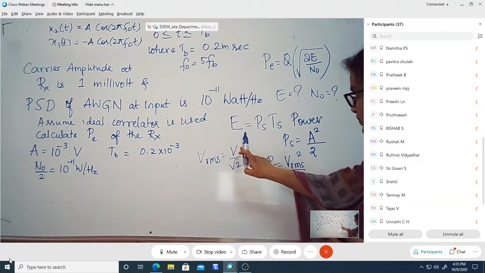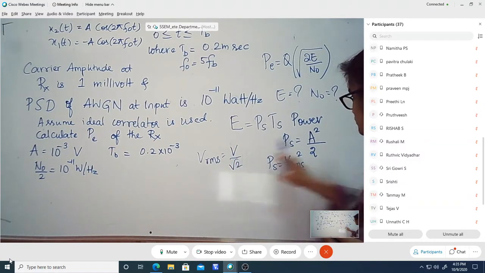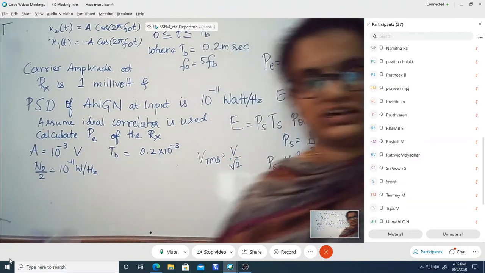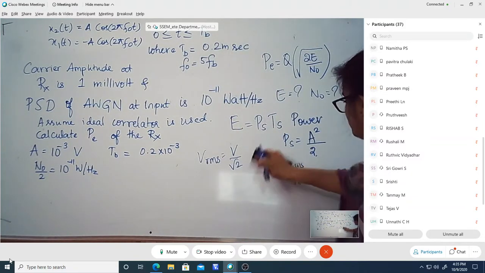If we square this, we get V square by 2, and R value is equal to 1. Therefore, Ps is equal to A square by 2.